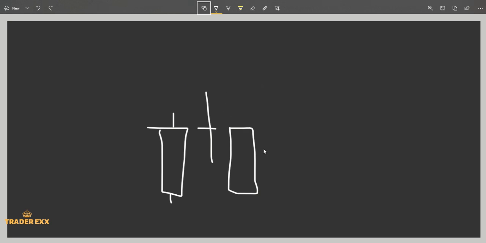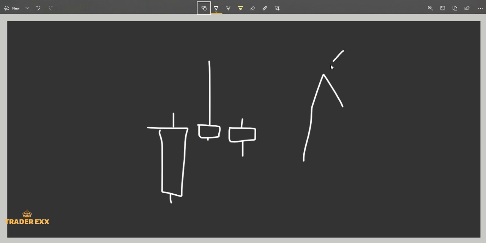So it could look anything like that, or it could be, say, a hammer, for instance. Could be a hammer followed by another small candle that does not violate the previous candle's high, and it could look something like that, or it could be inside day bars. Just as long as you can clearly see that this is a turning point based on price structure.